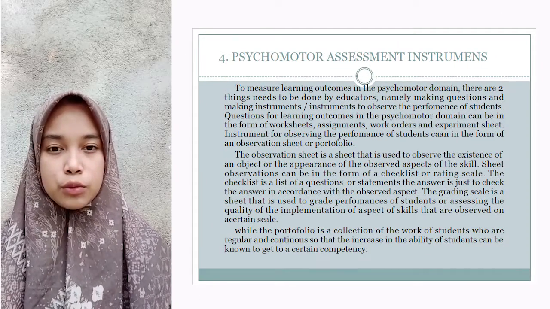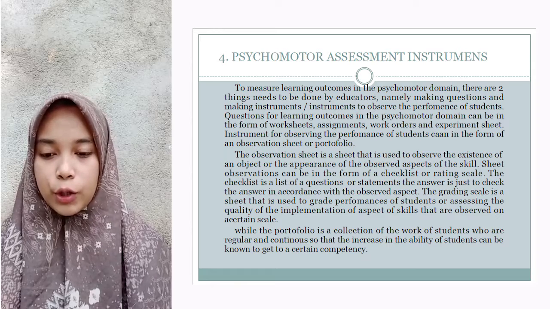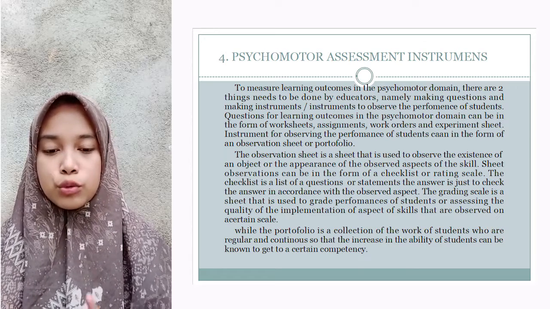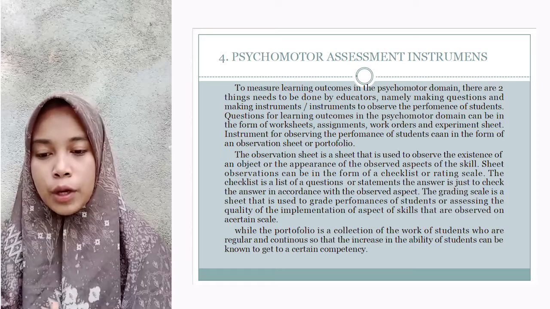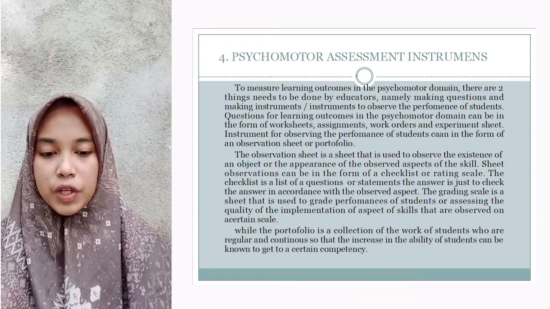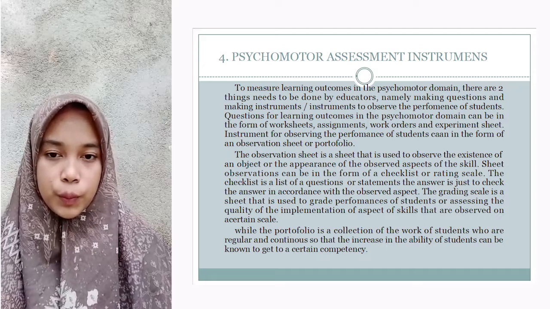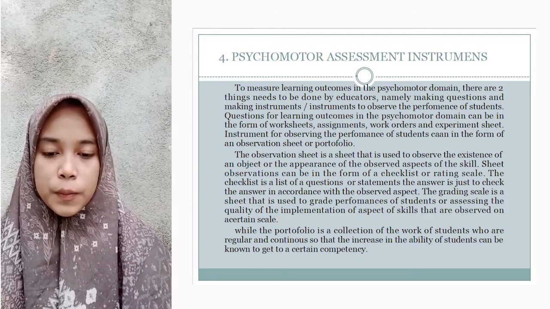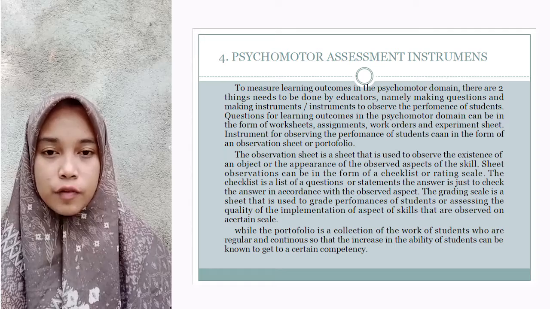Psychomotor assessment instrument to measure learning outcomes in the psychomotor domain. There are 2 things that need to be done by educators, namely making questions and making an instrument to observe the performance of students.